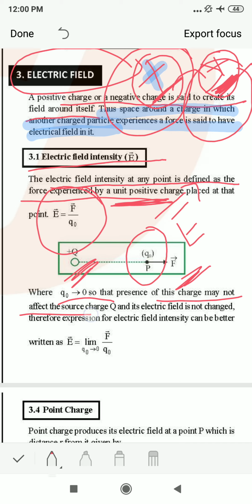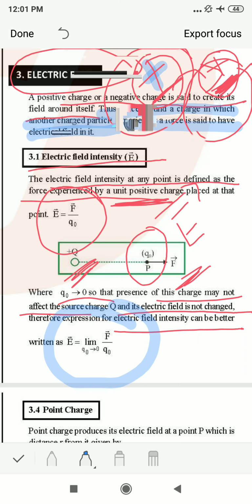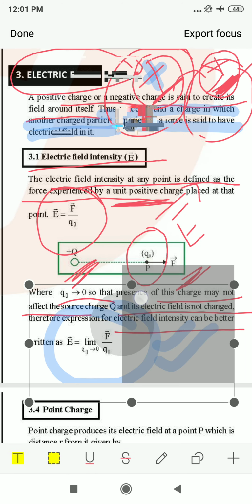Because the presence of this Q naught charge will not affect the source charge Q, and its electric field is not changed. Therefore, the expression for the electric field intensity can be written as E is equal to limit Q naught tends to 0 of F upon Q naught.